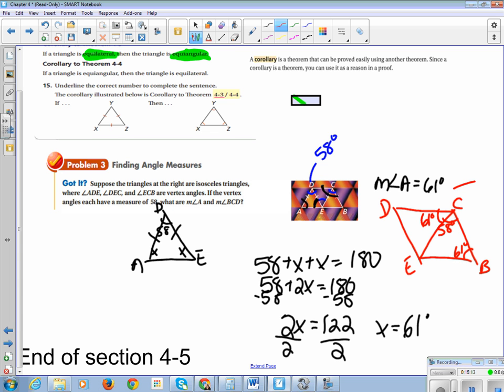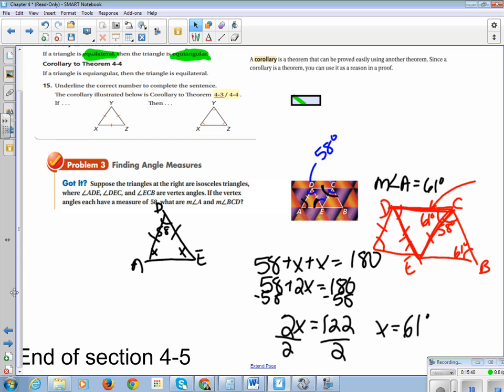Does everybody understand how I got the 61 right here? That's EDB, and because of the way this rolls out, since I have congruent angles, this is the base of triangle DEC. So the base angle measures for all of these triangles is 61.